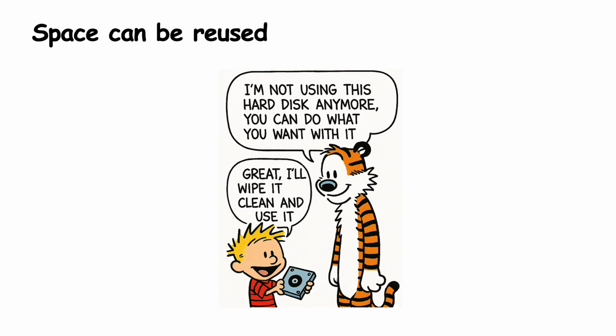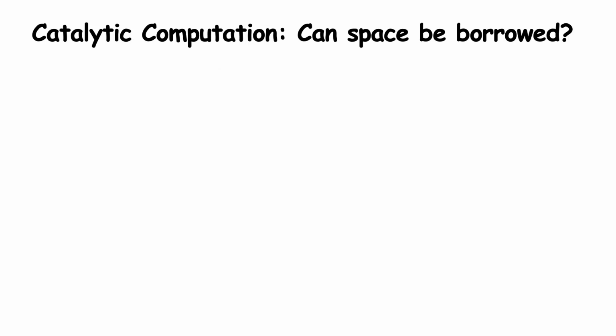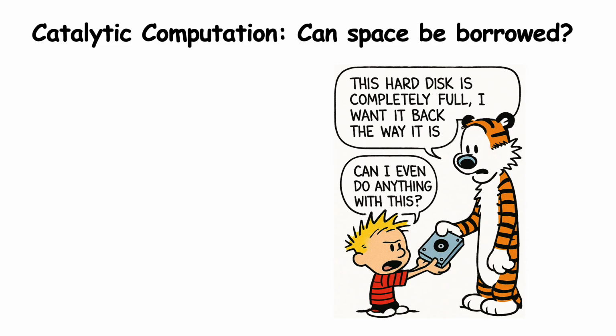The property that catalytic computation wants to study is: can space be borrowed? So imagine now that Hobbes is actually using some space. It's not actively using it, but it's storing something important there. Now Calvin needs to compute something. So Calvin can use that space as long as it restores whatever is written on it right now.